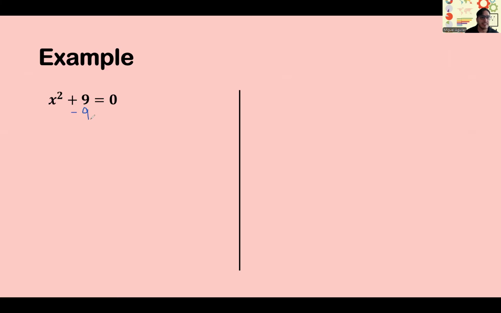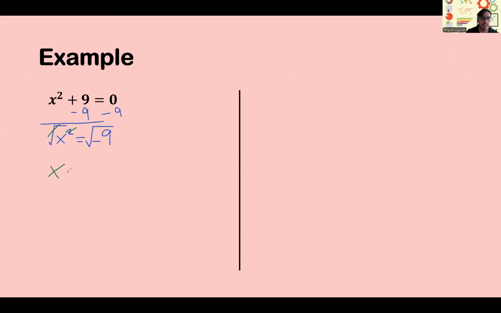Subtract the 9, subtract the 9, so that we get x squared equals -9. Okay? Shouldn't be too hard to do that. But then you have to recognize that we need to take the square root of both sides of the equation just so that we can cancel out the second power. So now the second power gets canceled out by the square root.